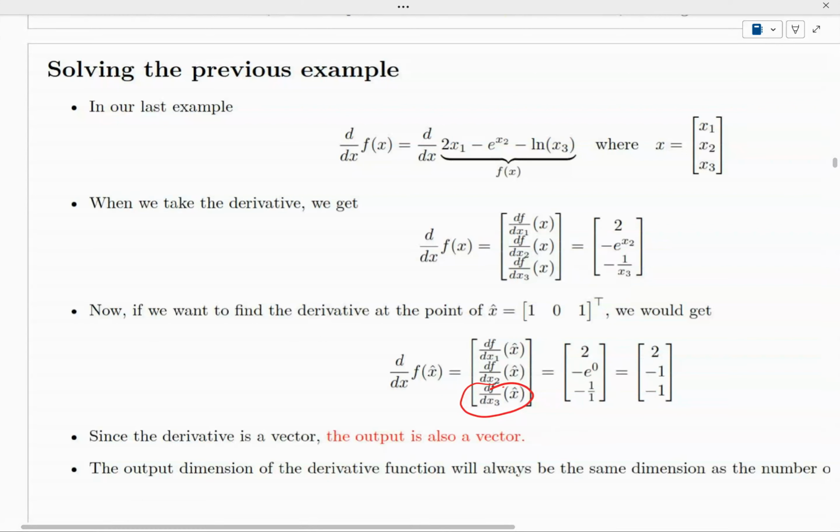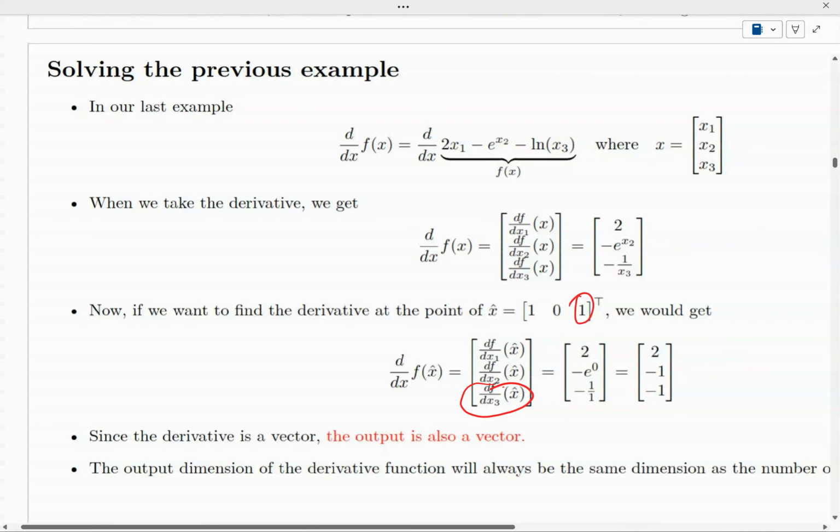So now we know the derivative is 2, -1, and -1, implying that at this exact point, if you were to increase x, then you're going to increase the function. If you were to increase a little bit of x2, you're going to decrease, because it's minus the function.